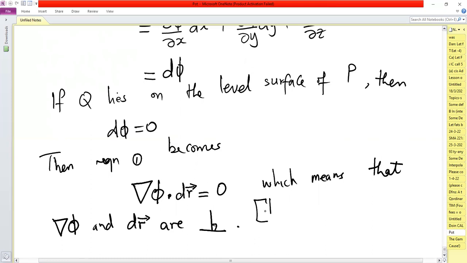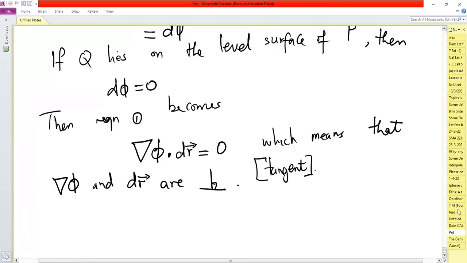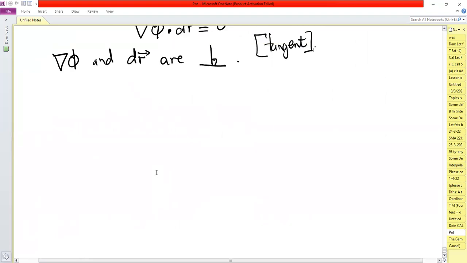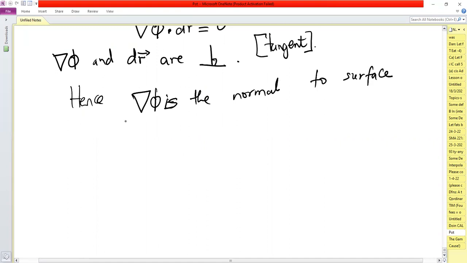So this simply means that they are perpendicular to each other. Hence, gradient of phi is the normal to the surface phi equals C.